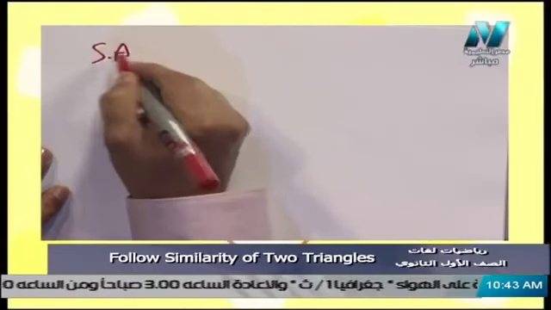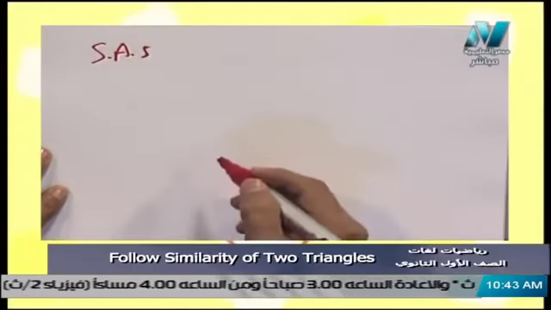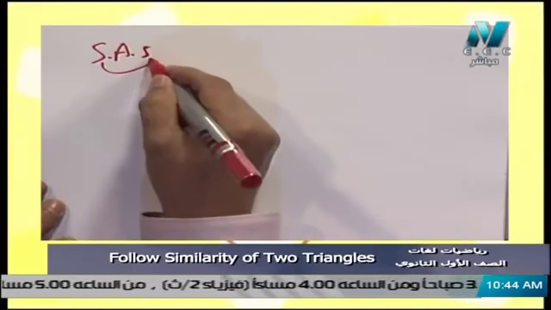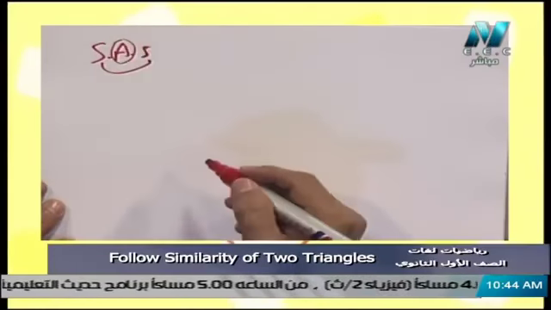And the second case, SSS similarity, means that each two corresponding sides are proportional, so the two triangles are similar. Let's move to the third case, which is SAS similarity. What is the meaning of SAS similarity? SAS similarity means a side and another side, including a specific angle.